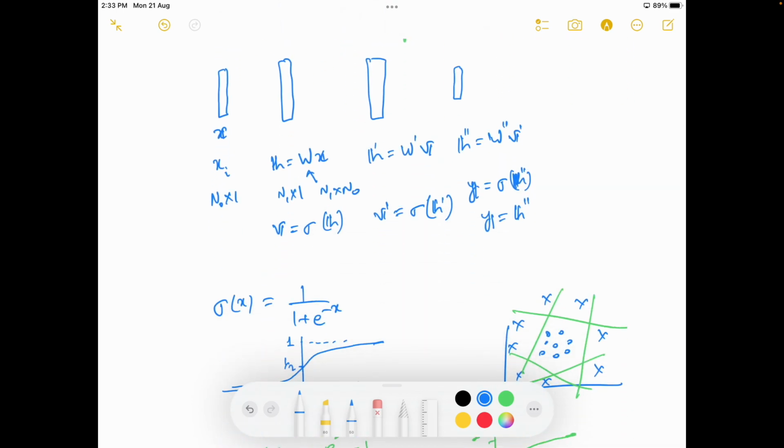This is H double dash, and Y hat is some nonlinear function of H. So what nonlinearity should I choose so that even if H has a range of -infinity to +infinity, my Y should follow that range between 0 and 1 and sums to 1?